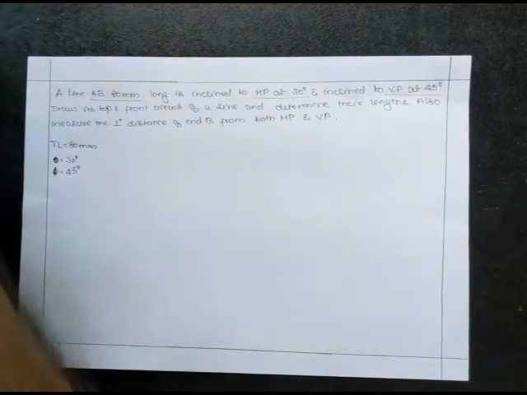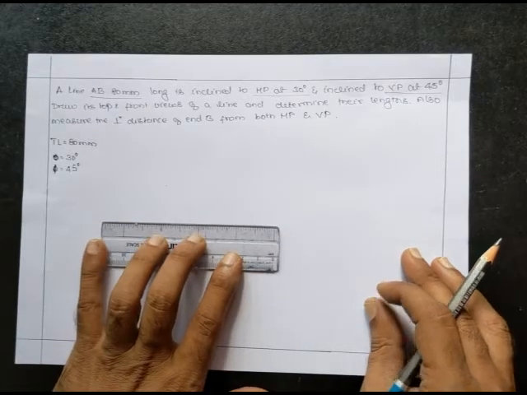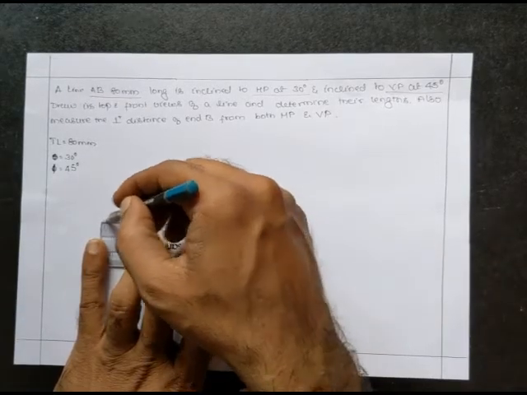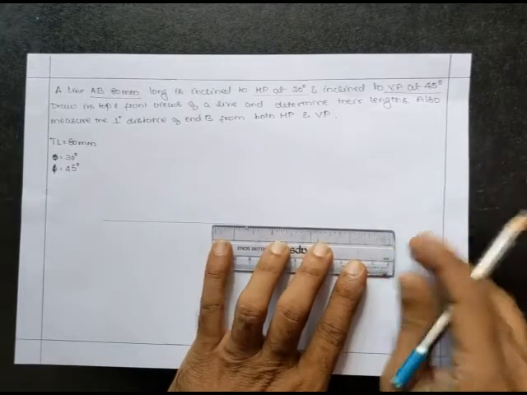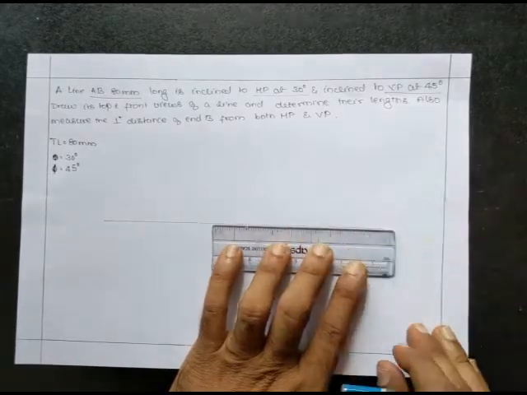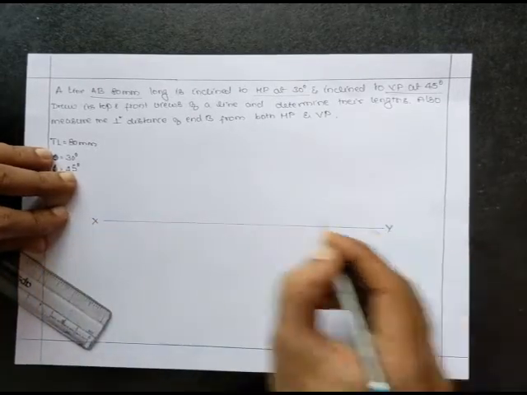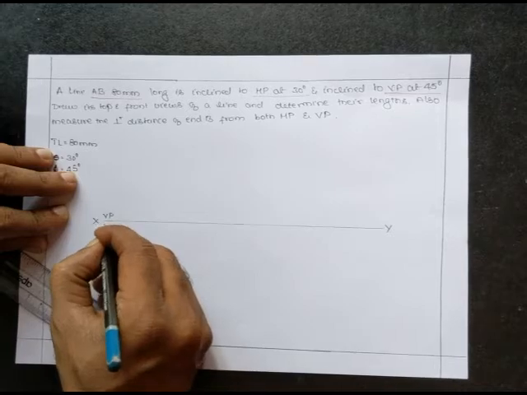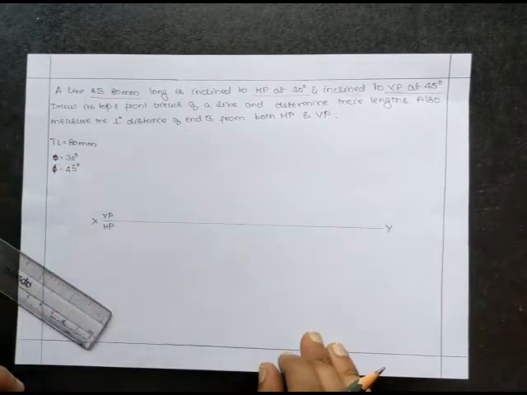Okay, so let us construct the XY line first. Let me construct the XY line here. Right, so hope this much is sufficient. Let us locate the quadrant. Above XY line is VP, below XY line is HP.